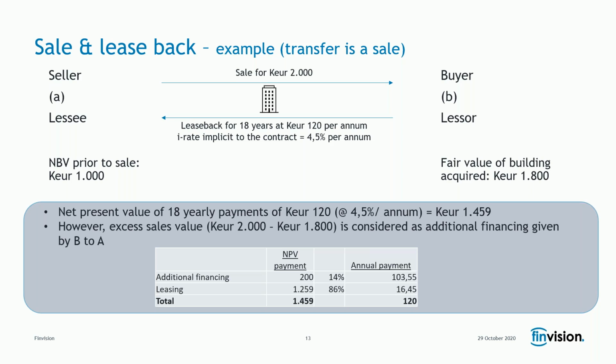We basically make a split between the net present value, between the part which is considered as additional financing for 200k, and the other part is the net present value of the lease payments specifically. Both are in total 1,459,000. So we have a ratio considered of 14% and 86%. That can be used as well to split up the annual payment subsequently. What happens then?